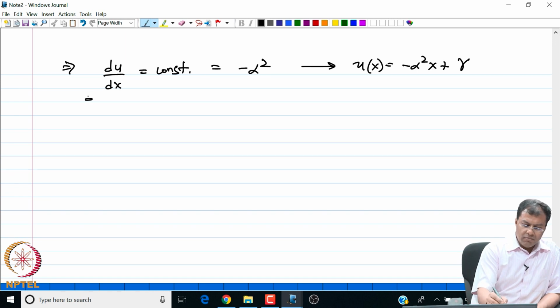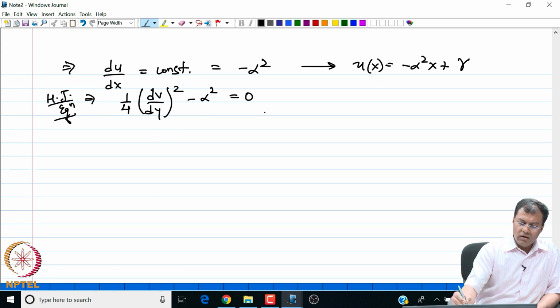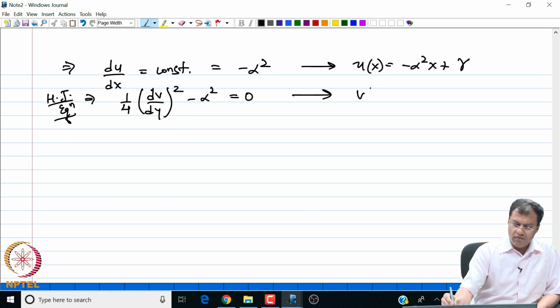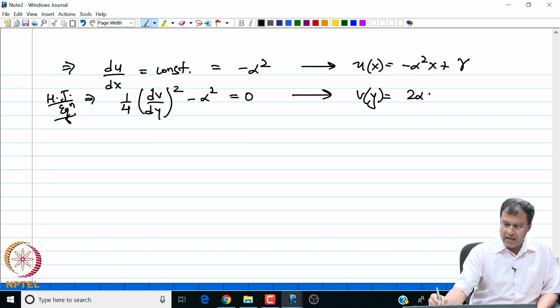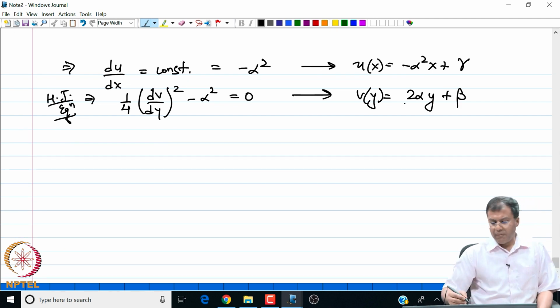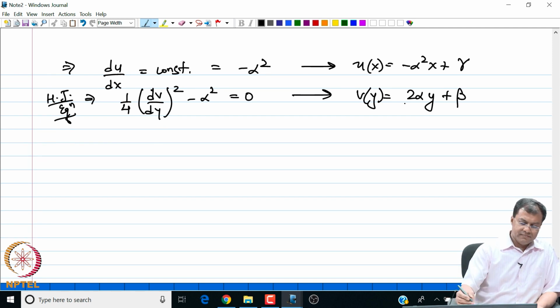Now, plugging du dx, which is minus alpha square, into the Hamilton-Jacobi equation, I get 1/4 (dv dy) whole square minus alpha square is equal to 0, and from here I can solve for v of y, which is 2 alpha y plus beta. I do not care about the sign of alpha here because alpha is a constant. So, I have retained the positive sign here.